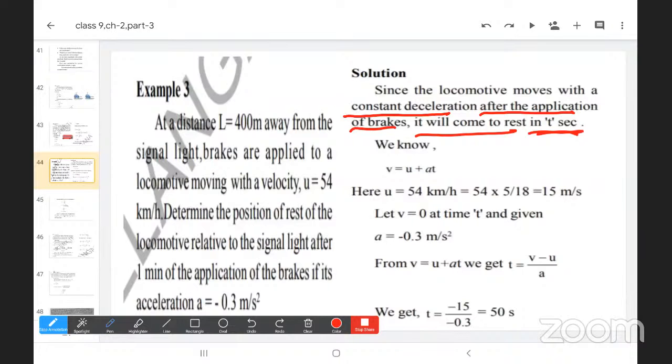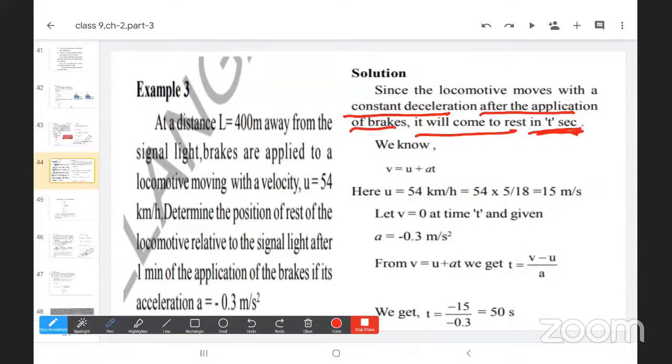That means continuously the speed of the locomotive decreases after application of brakes. So it will come to rest at one point, in t seconds. Here we don't know the time also, t seconds.